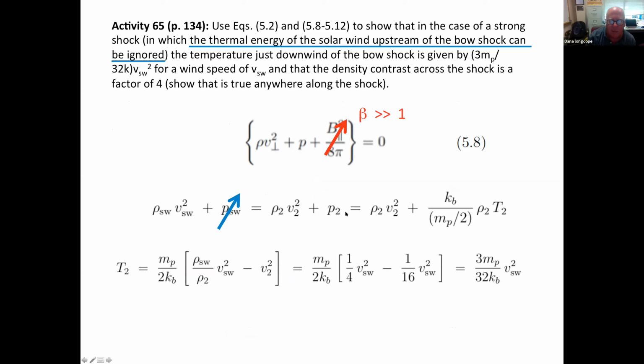And you can replace rho 2 in terms of rho solar wind times 4. So you have to use those other two equations to get the fact that the ratio is 1/4 or 4 for the different things. But once you know that, this is the only equation you need, and you get 330 seconds.